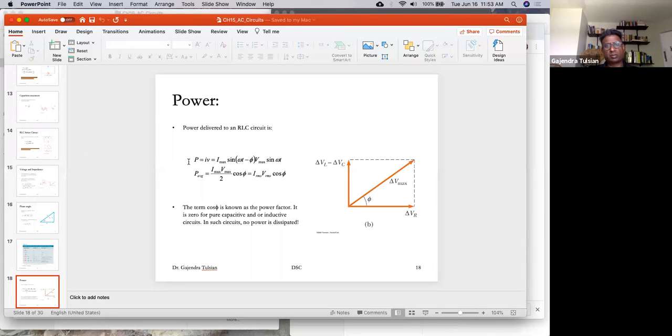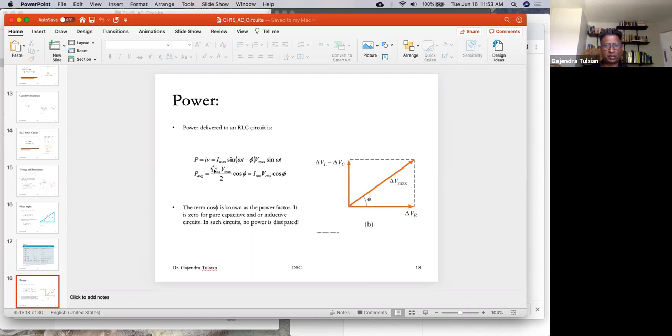All right, so power is the instantaneous current times the instantaneous voltage, which is I max times sine of (omega t minus phi), and V max times sine omega t. So the average power is I max V max, and you can take the average of these two functions over a cycle. The average will work out to I max V max over 2 times cosine phi.